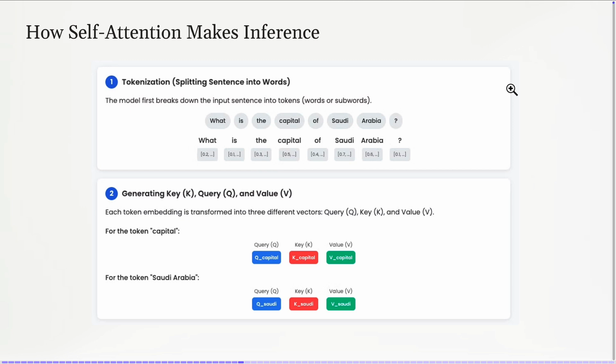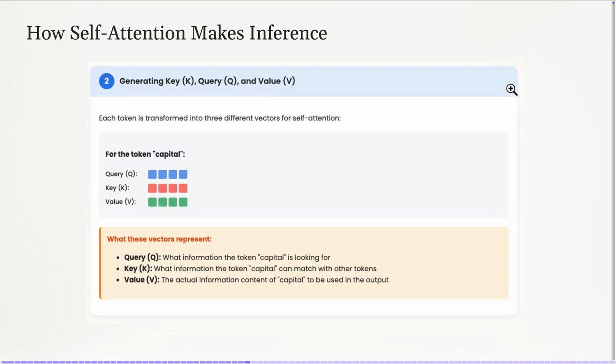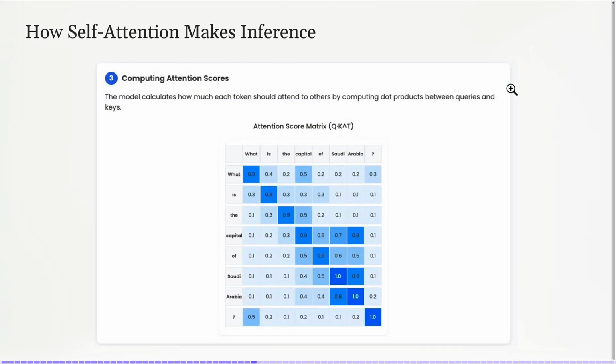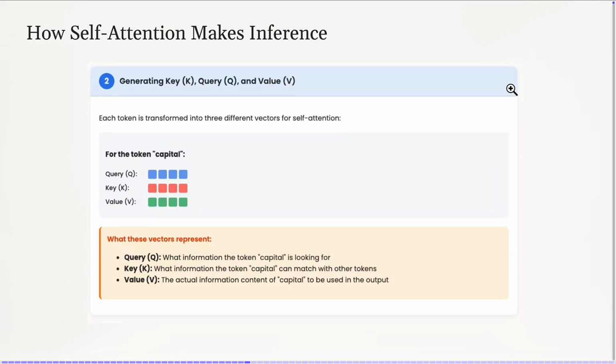So from the token Saudi Arabia, if you consider this as a token, we will calculate the Q of capital, K of capital, V of capital, Q of Saudi, K of Saudi, and V of Saudi. Okay, generate.